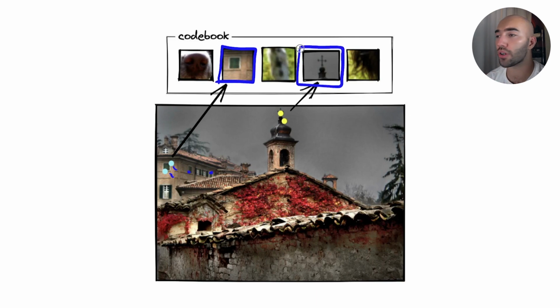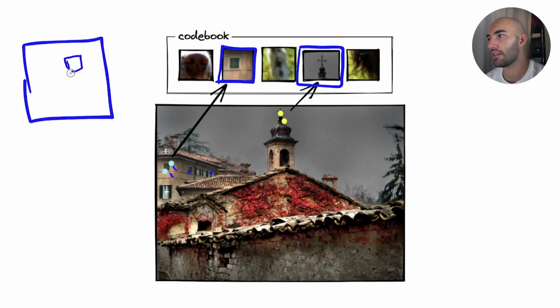Now, one thing I should point out here is this is just one image. Now, imagine we took another image with other windows inside it. That other image with windows, let's say the window is here, we would take the visual features from that, and they would also be translated into this over here.